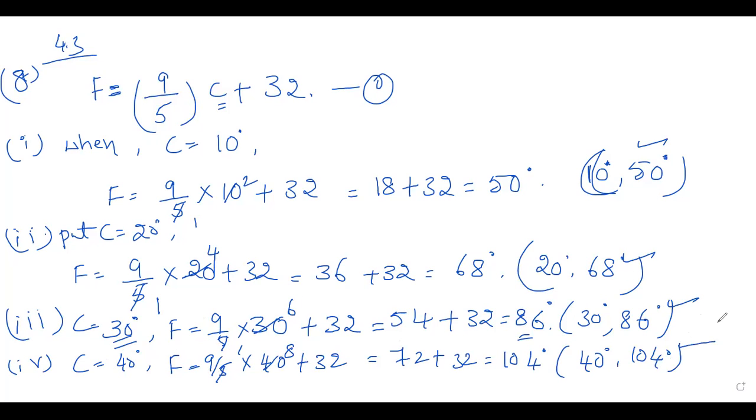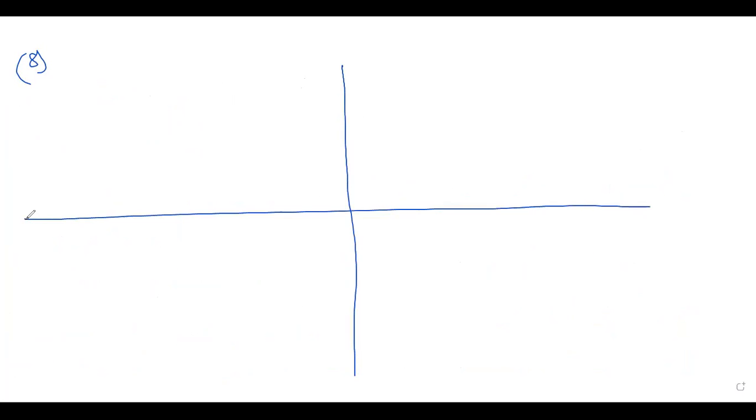So now you have to represent these points on the graph. y, x dash, y dash.